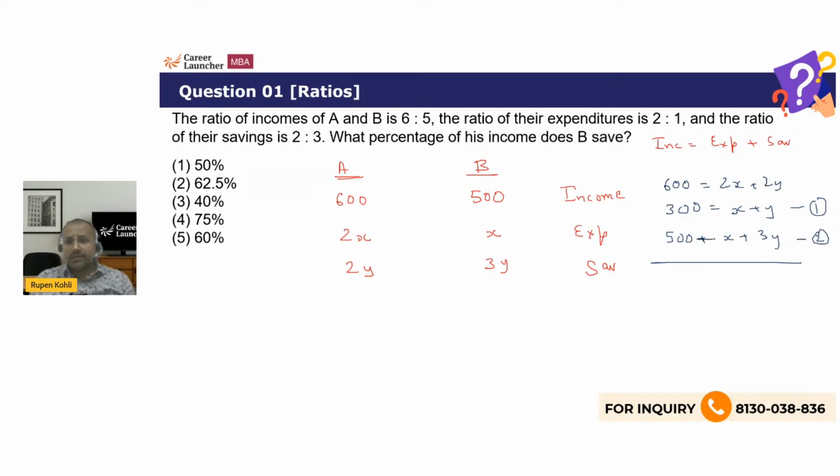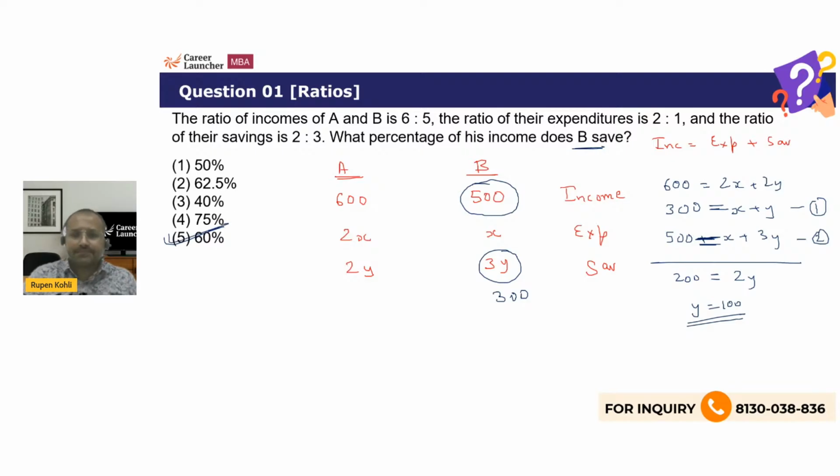So 500 equals X plus 3Y, and 300 equals X plus Y. Subtract: 500 minus 300, 200 equals 2Y, as X cancels. So Y is coming to be 100. And that is all that we want, because this is what we need: what percentage of his income does B save? Out of his income of 500, he's saving 300, that is 60%.